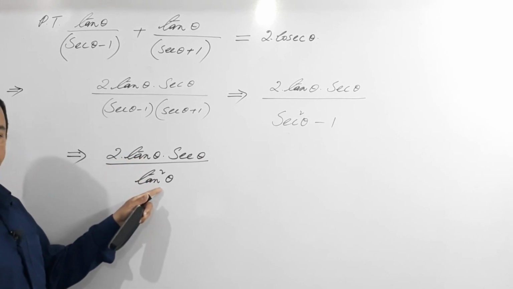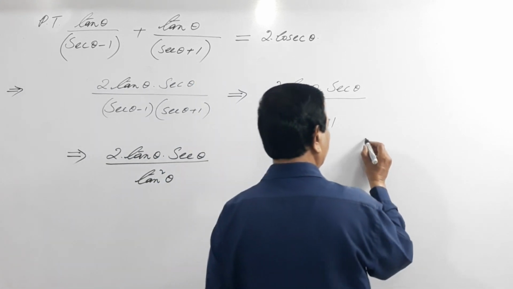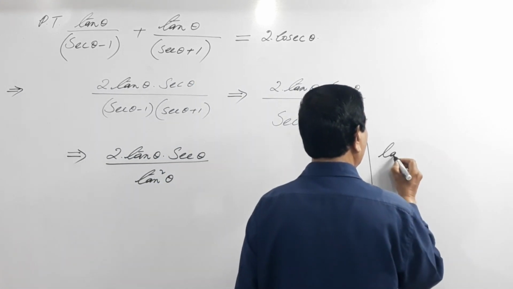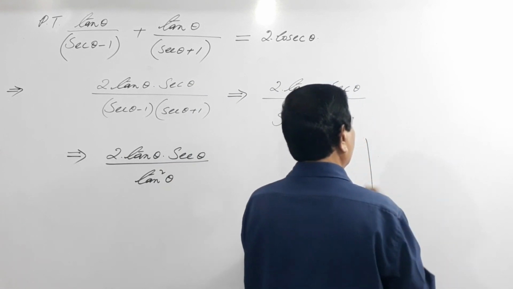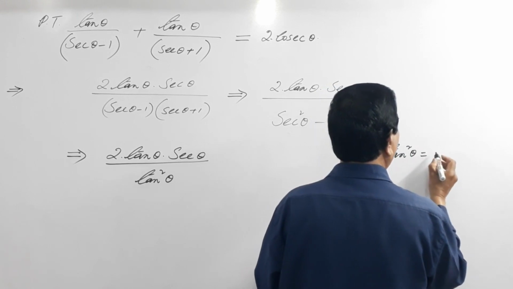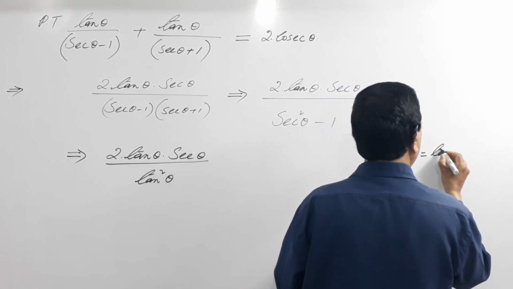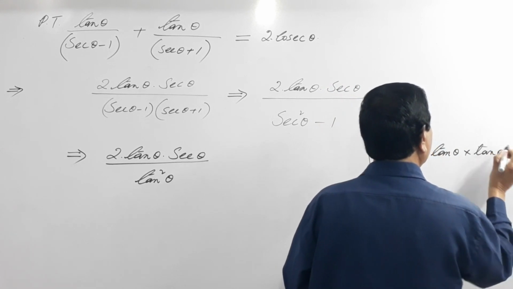So one tan θ gets cancelled. Tan square θ is tan θ into tan θ.